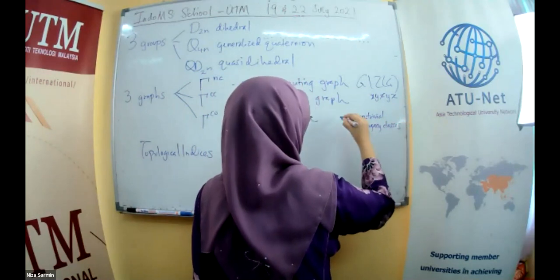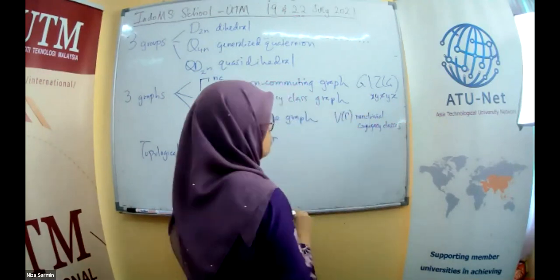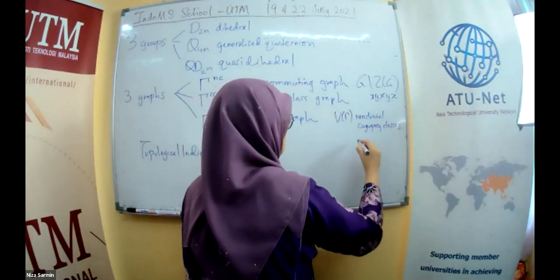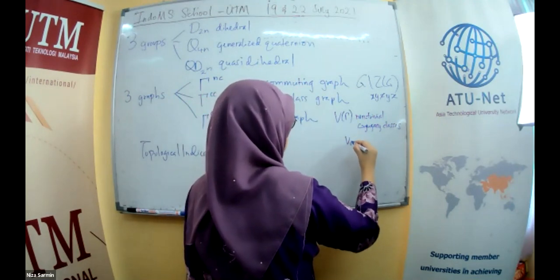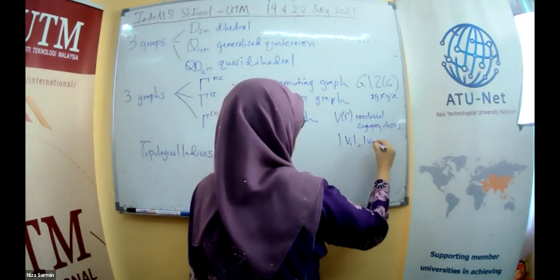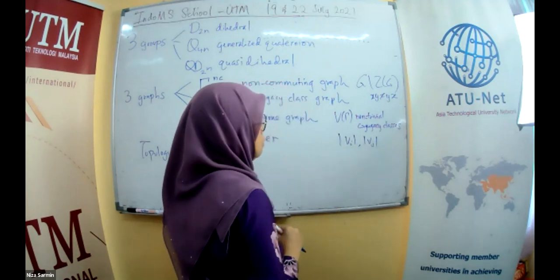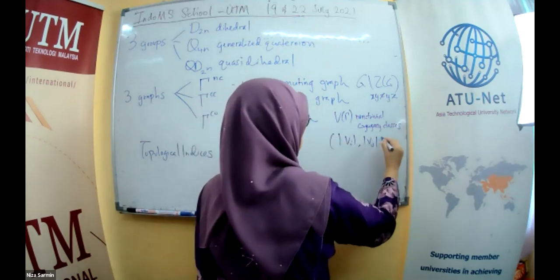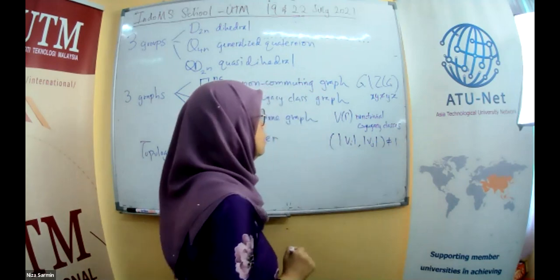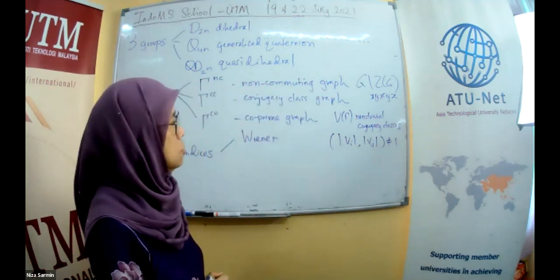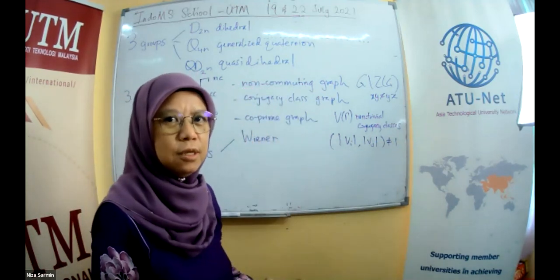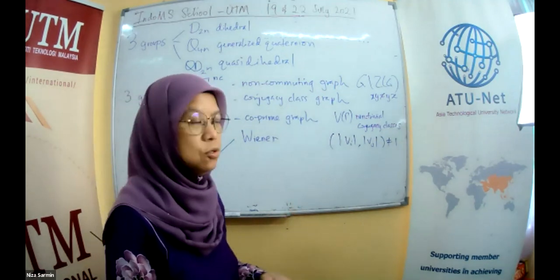This is the vertices. And they are adjacent if this one is one. Right? So this is for the conjugacy class graph. I just mentioned this because we will be using it again today.